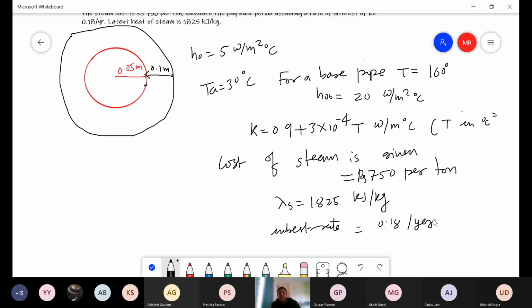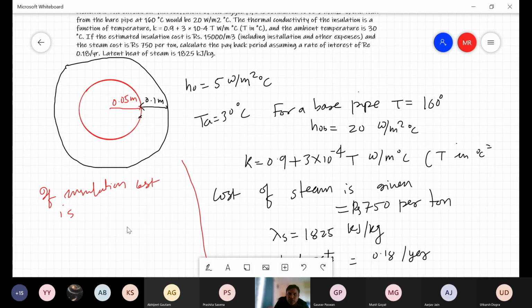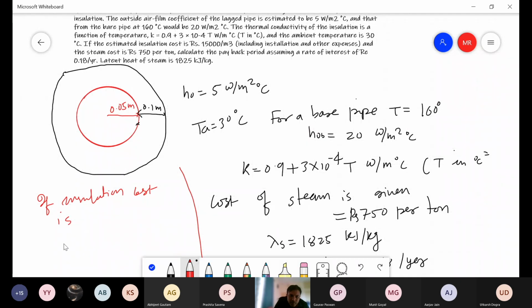Now the question here is, if the insulation cost is 15,000 rupees per meter cube, what is the payback period?